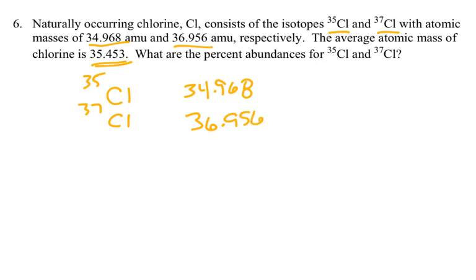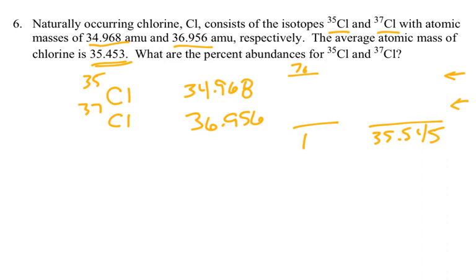That's the mass of that one. We don't know the percent abundance of these, but we know those percentages add up to 1. And we don't know what the individual percentages are, but we know their overall mass adds up to 35.545.